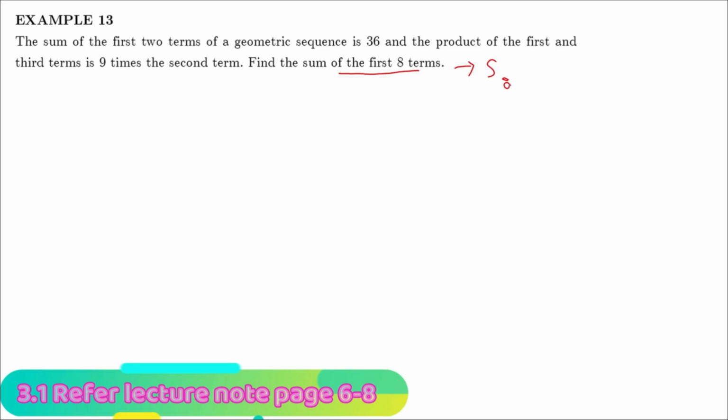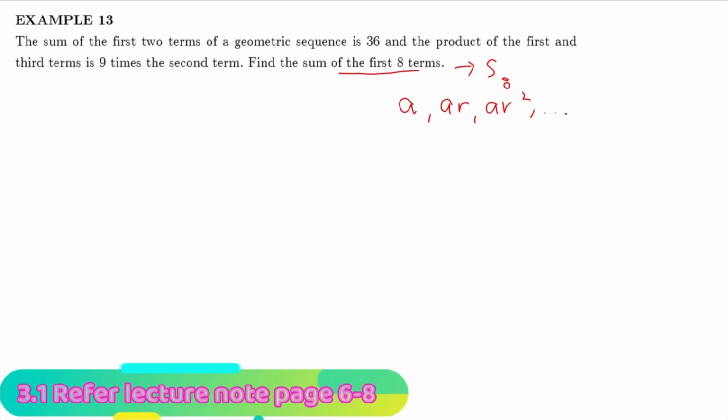As we can see here, there is no sequence given to us, so we do not know our A, and hence we cannot know our R. So we first let our sequence be in general form, which is A, AR, AR squared, and so on.